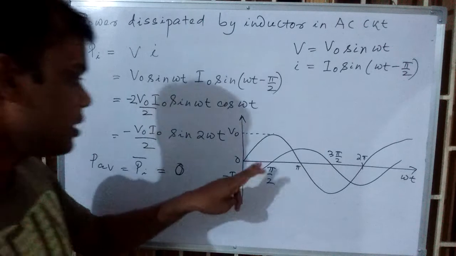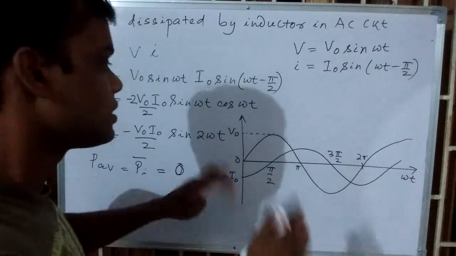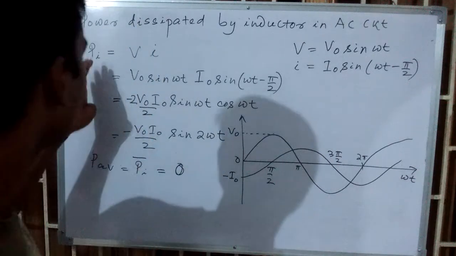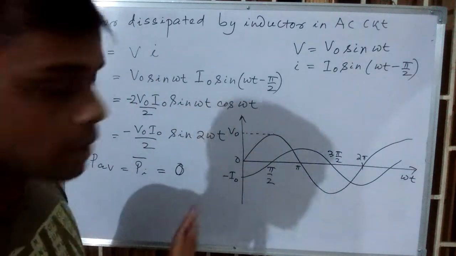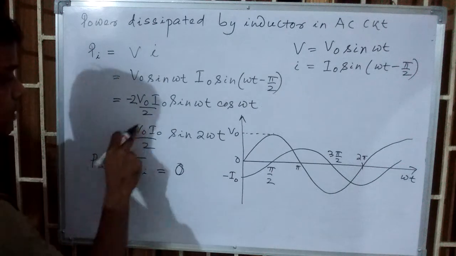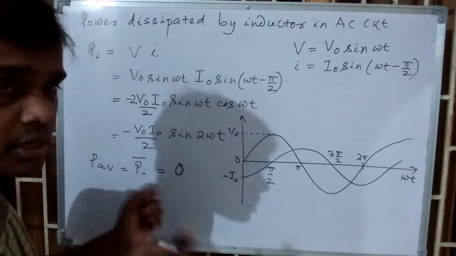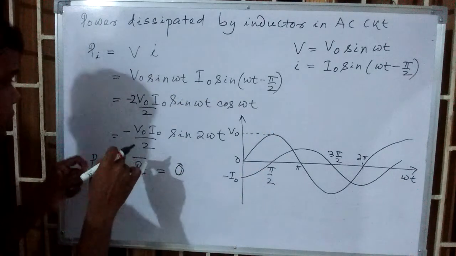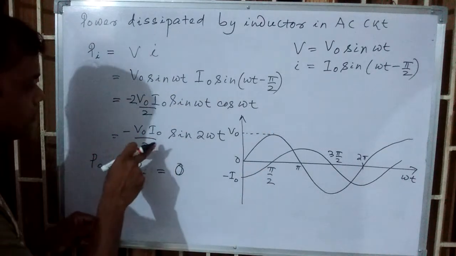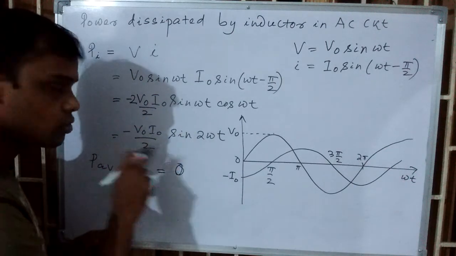Now with this waveform we shall also go for the power waveform. Look here, power is minus V naught I naught by 2 sin 2 omega t. So how to draw it? Look, it is a sine wave, no problem.